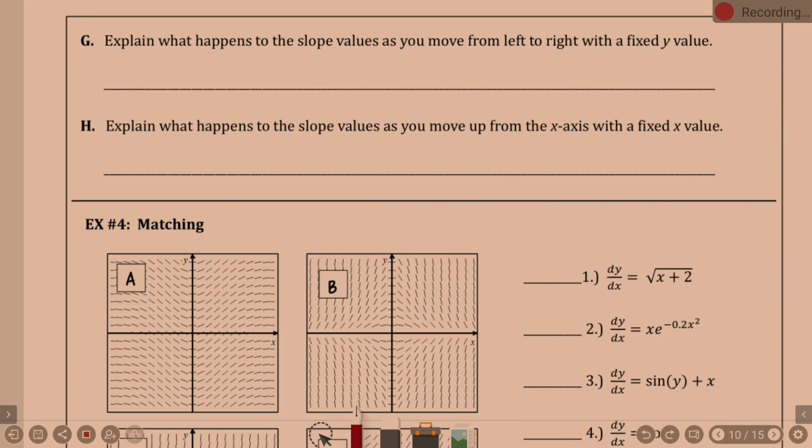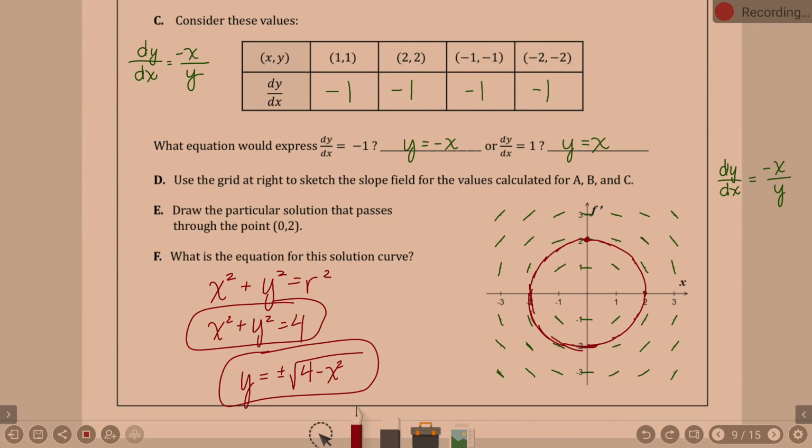I'm trying to figure out how I want to explain this. As you move from left to right with a fixed y value, if y is always the same, for instance, I'm looking here at 3. When y is positive, oh wait a minute, why is this not making sense in my brain right now?